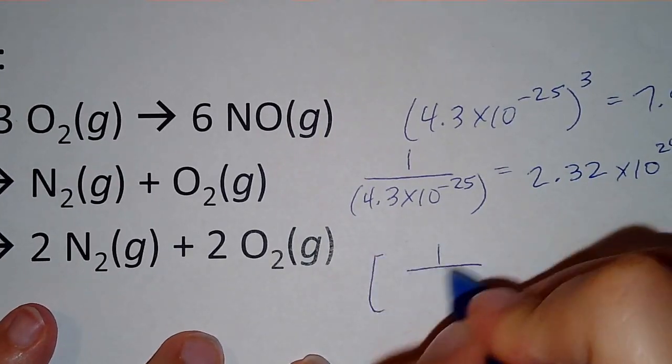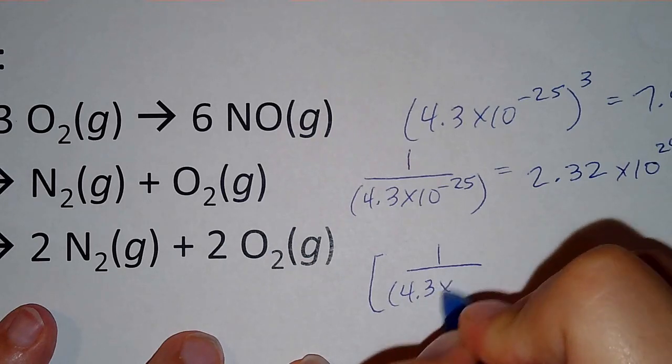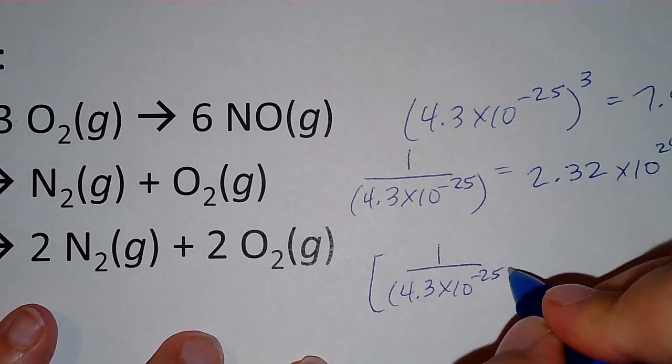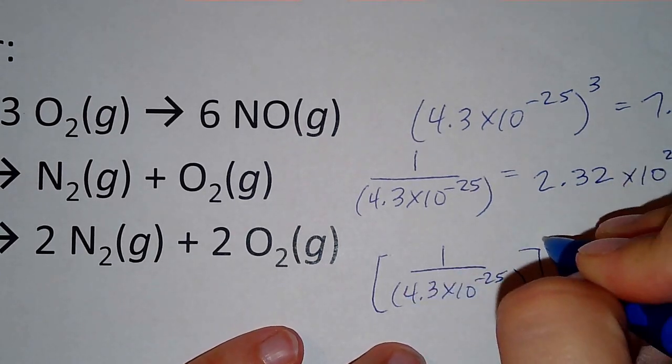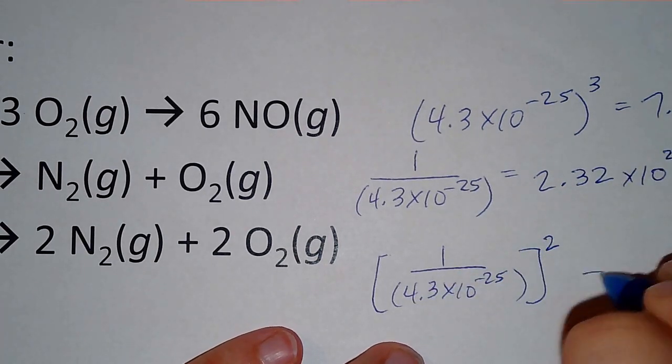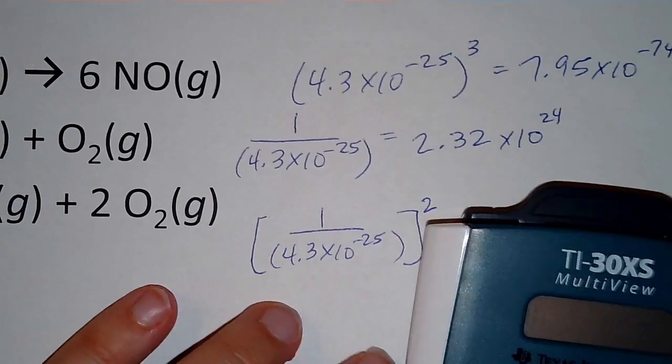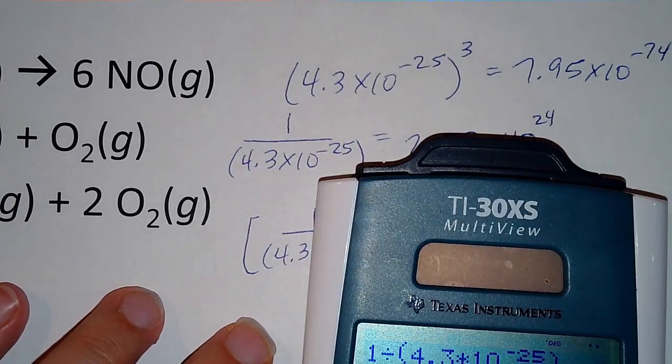And since I multiplied by a factor of 2, that becomes the exponent. Alright, so I flipped it. That's what I got from being flipped. Now I'm going to square it. 5.4 times 10 to the 48.